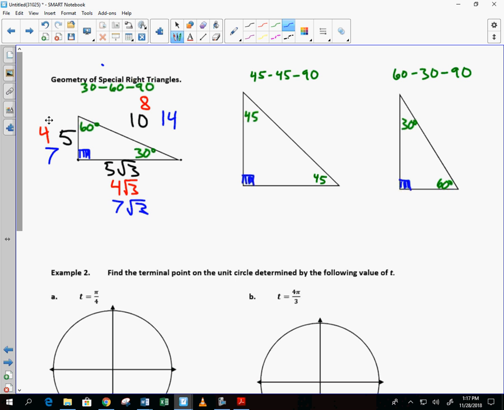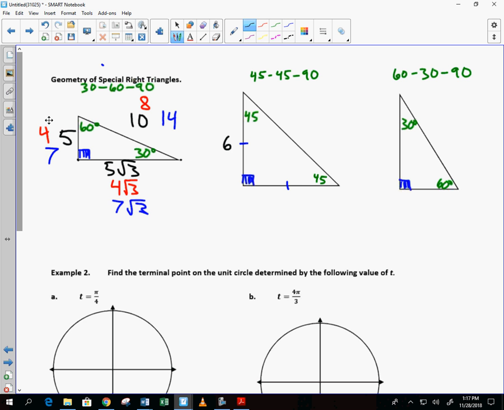Let's look at the next one. 45, 45, 90. A 45, 45, 90 is an isosceles right triangle. That means that those two sides are the same. Isosceles means that two sides of the triangle are the same. So we're going to try this one here, and we're going to start off with a length of 6. Suppose that this has a length of 6.